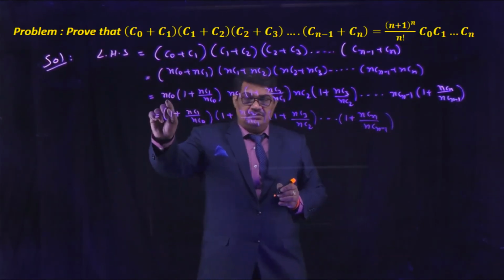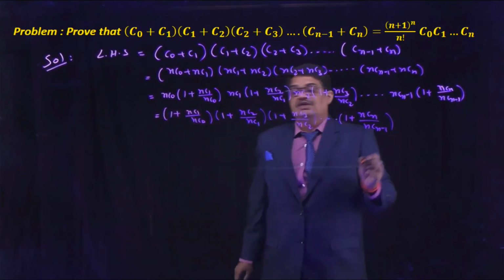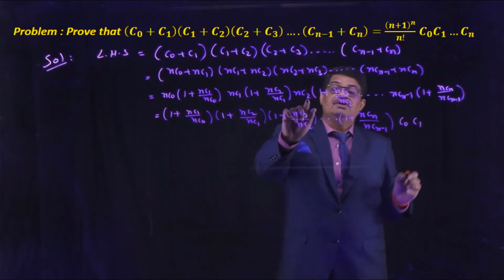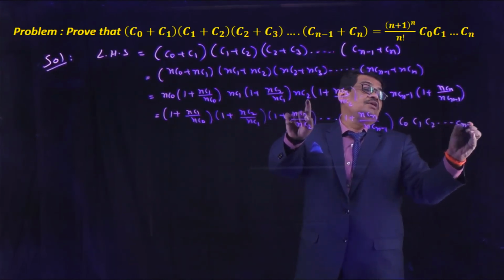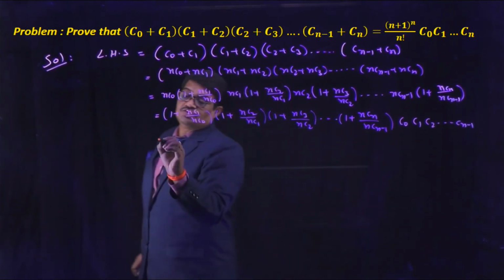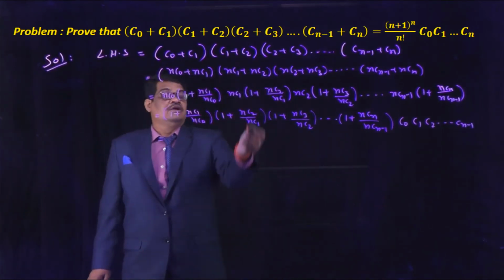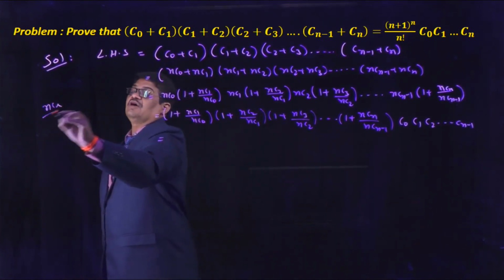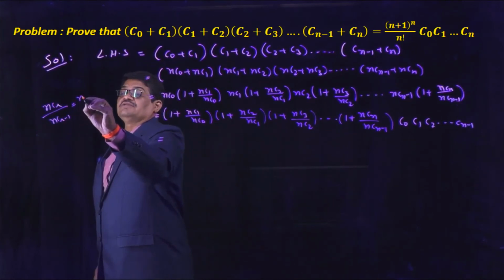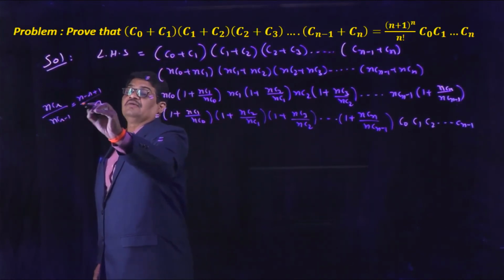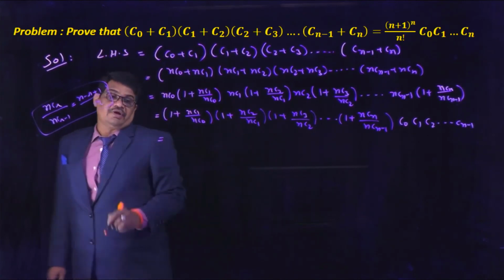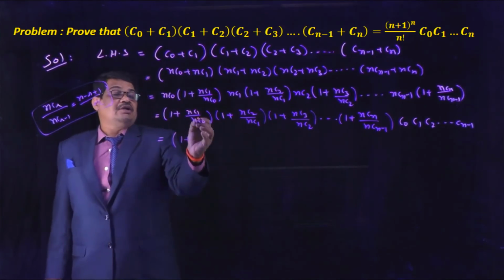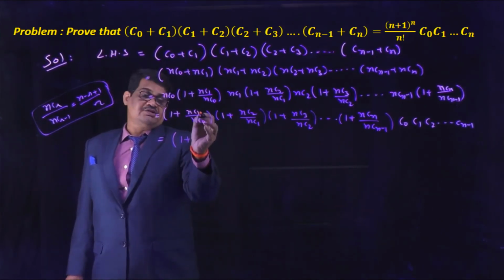Now we are writing the remaining terms: nC0 simply written C0, nC1 simply written C1, C2 and so on, Cn−1. Now we are using the formula: nCr/nCr−1 is (n − r + 1)/r. Using this formula in each term, 1 + (n − 1 + 1)/1, here r is 1.